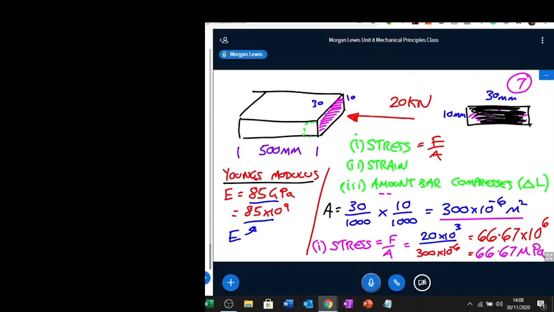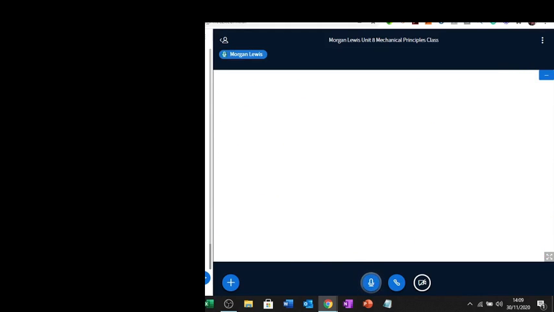So we've done that. We need to find how much it squashes by, so it's just changing length. Page 9. We know that strain is change in length over original length. We need to find the change in length.